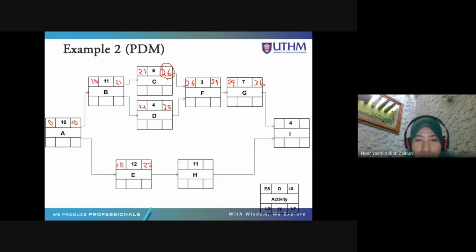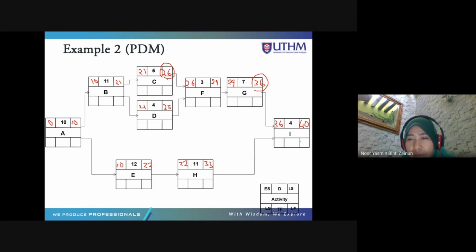Okay, one arrow coming in, so there is no choice. 22 plus 11 is 33. So there are two arrows coming in at node I. So 36 and 33. So 36 is the biggest. So 36 plus 4 is 40.